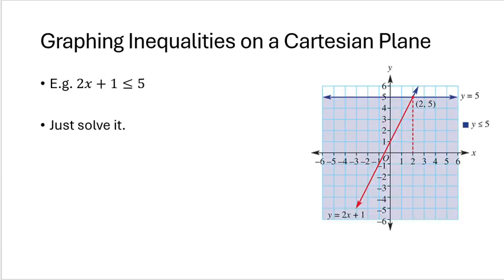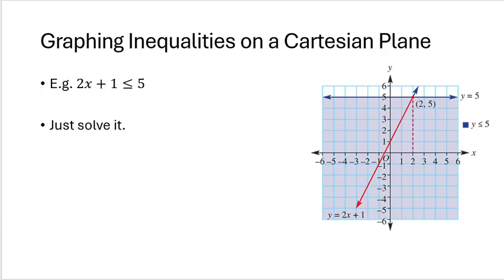Now, what if they ask you to solve for it? It's a bit weird. They give you an inequality, and then you have to find a specific region. So this example doesn't really do it justice, but basically think about it like this.